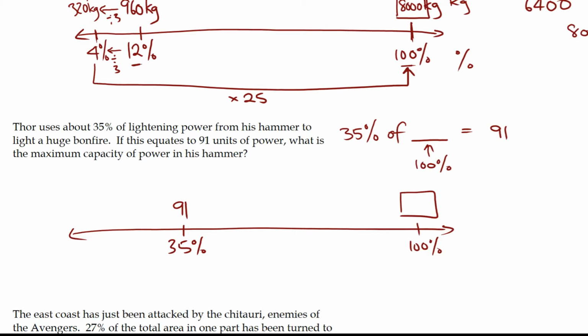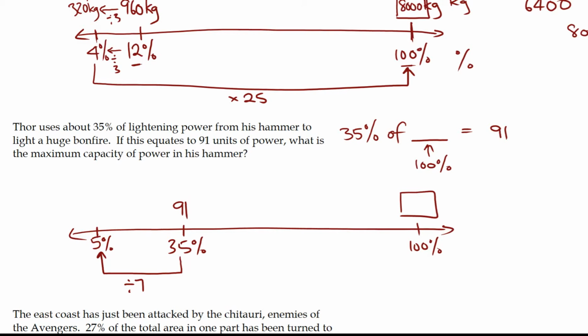So now I want to work out how to get from 35% to 100%. I'm looking at 91 and 35. 91 is not divisible by 5, so I'm not going to divide 35% by 5. But is it divisible by 7? Because I know that 35% is nicely divisible by 7 to give me 5%.